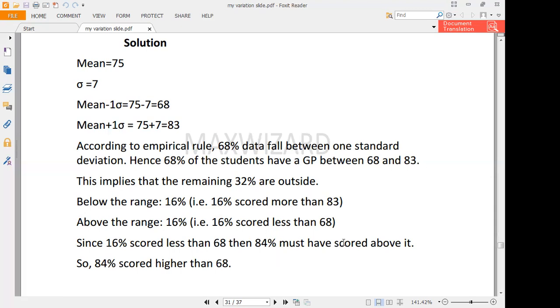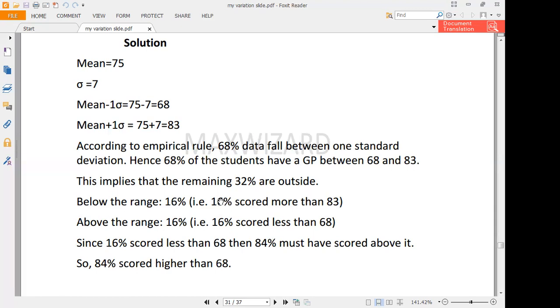That's one simple way. Another way you can do this: since we know that 16% score below this range, those people that are going to score below 68 here will be 16%. And that means those people that are going to score higher will be 100 minus 16%, which is another way to get 84%. So you can do it in any way you like.